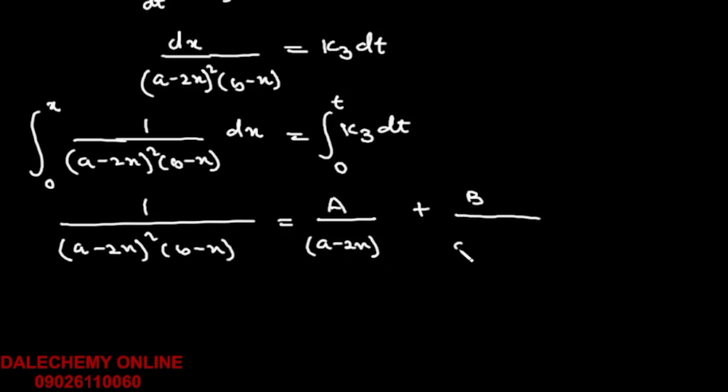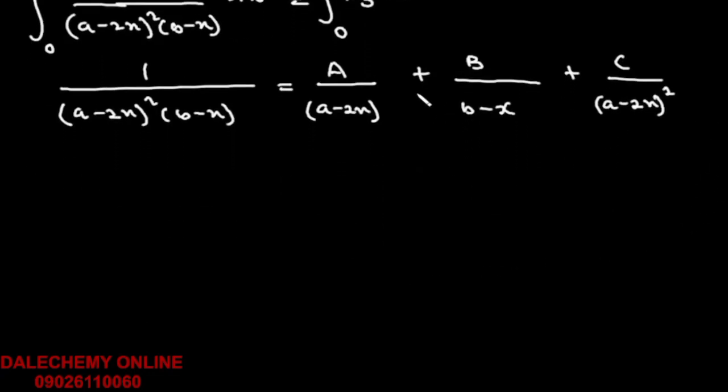So we have A over a minus 2x, and we can also have B over b minus x, and plus C divided by a minus 2x, then squared, like that as we had it here.